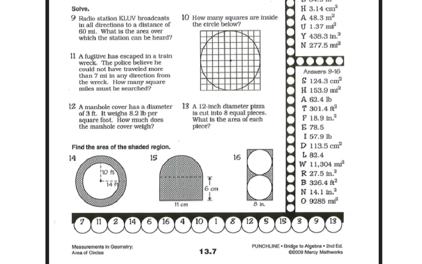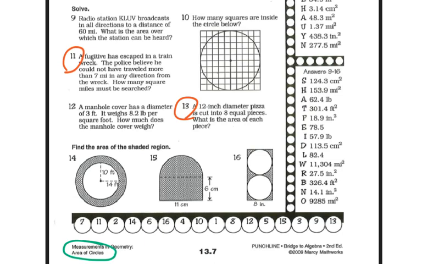So let's do 11, and it doesn't really matter, let's do 13. Okay, 11 and 13. But they all have very similar properties, okay? You're going to be finding an area. This entire page is finding area of circles.